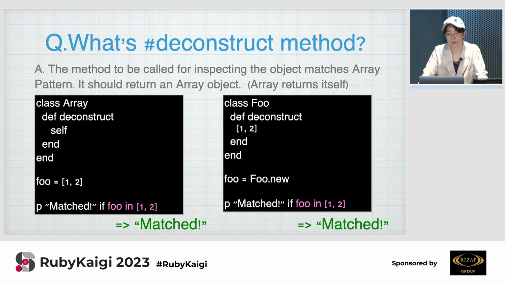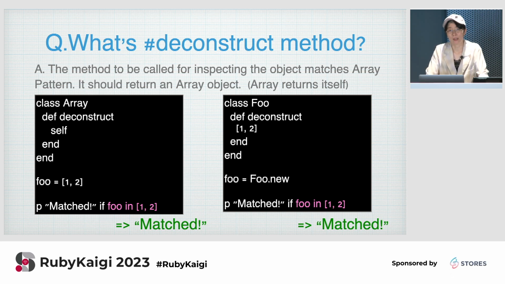The instance of Foo class always matches the array pattern 1 and 2, and never matches any other pattern.